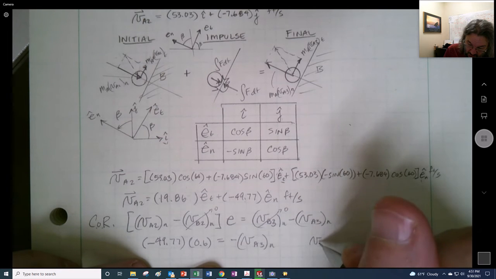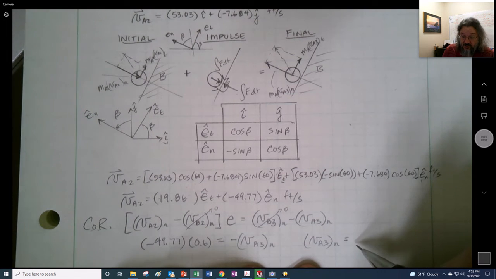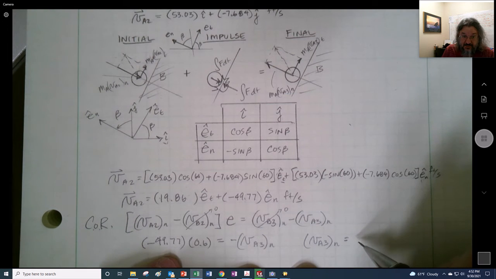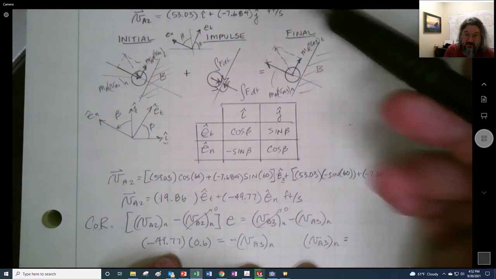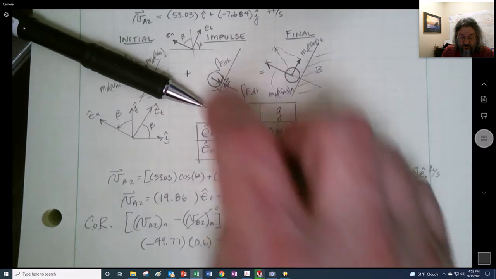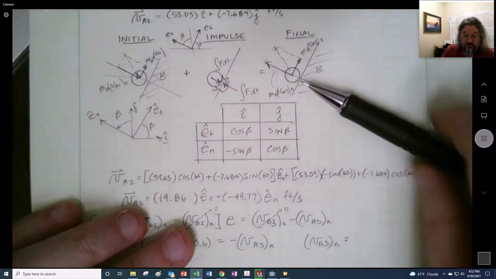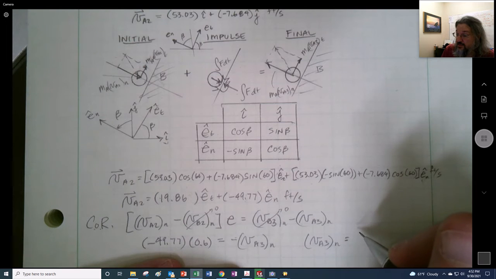So our conclusion is that the velocity of A3 in the normal direction is going to be equal to 0.6 times that, but it's going to flip sides. That makes sense, because it was going in that direction in the normal direction, and now it's going the other way, but it's going less, by 0.6.